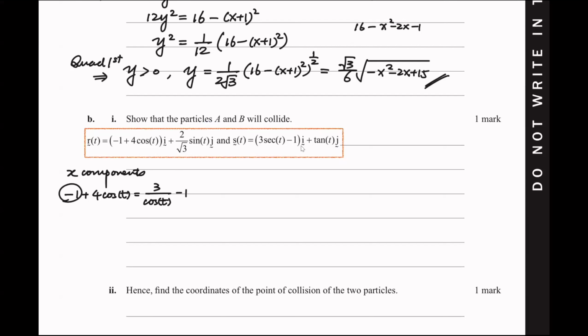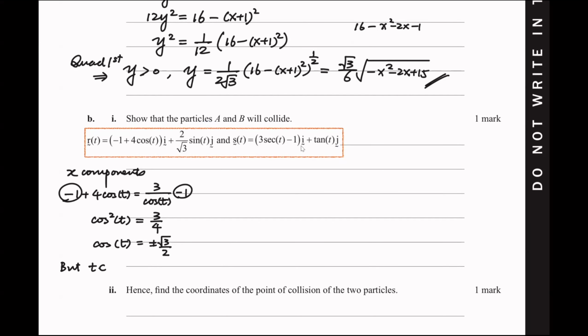So we can cancel out the minus 1. And if I multiply both sides by cosine and divide by 4, I have cosine squared equals 3 over 4. So cosine of t equals plus or minus root 3 on 2, okay?